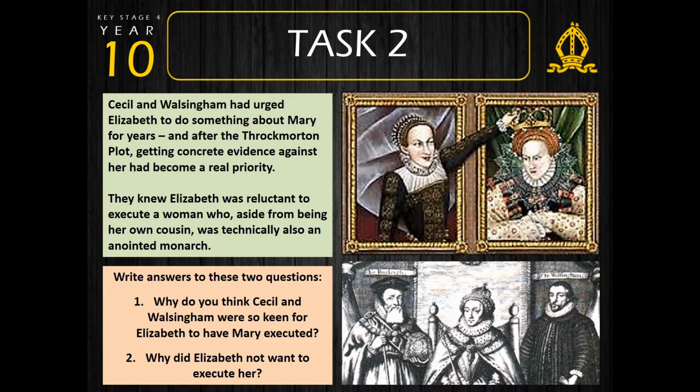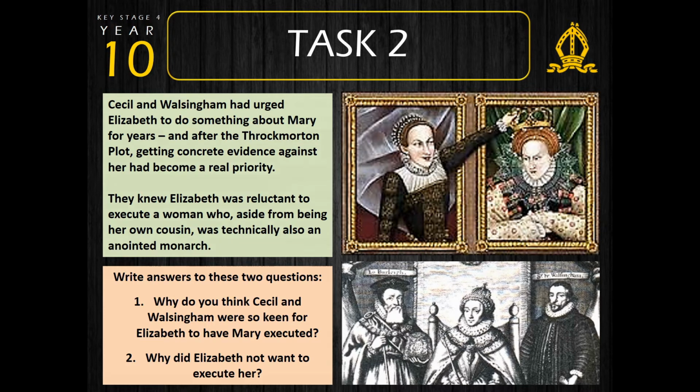Elizabeth thinks that once you kill one queen, you send a message that anybody can kill their queen. She's been anointed with holy oil in her coronation ceremony, which says she's been chosen by God. Elizabeth doesn't want to start rocking the boat with that because obviously it will have repercussions for her own position. So that's what you need to talk about, that idea of setting a precedent.